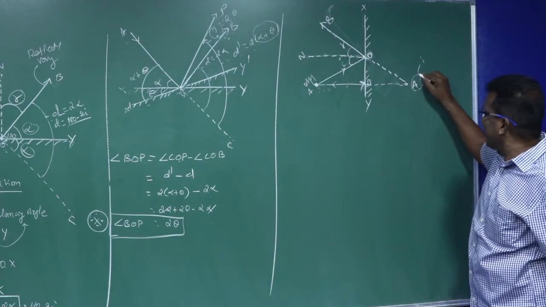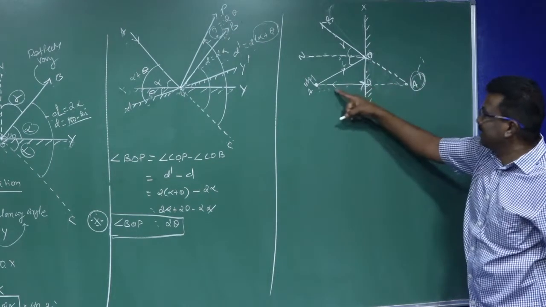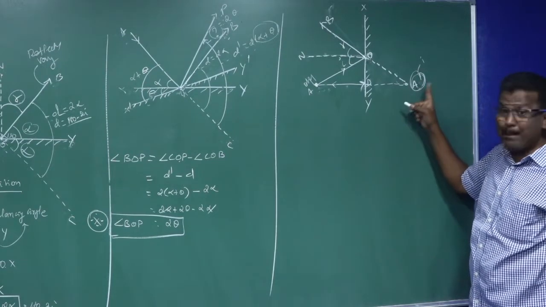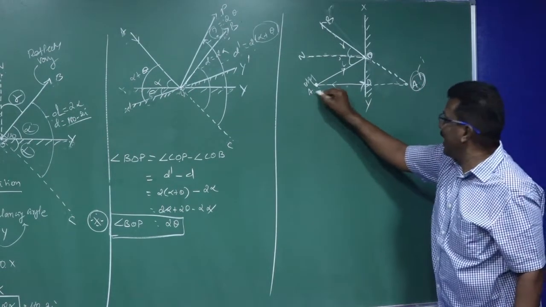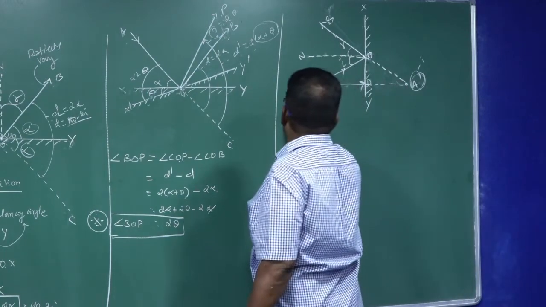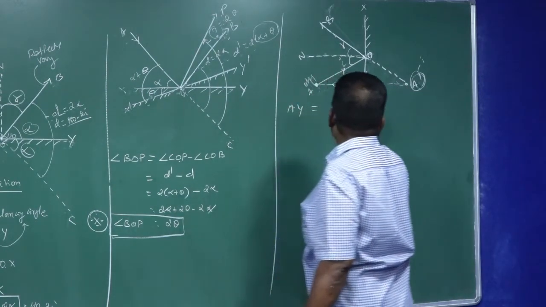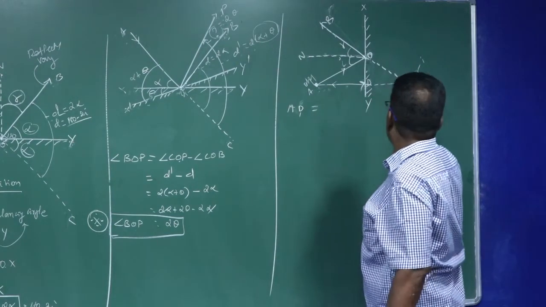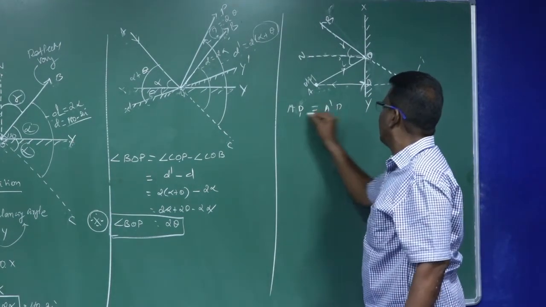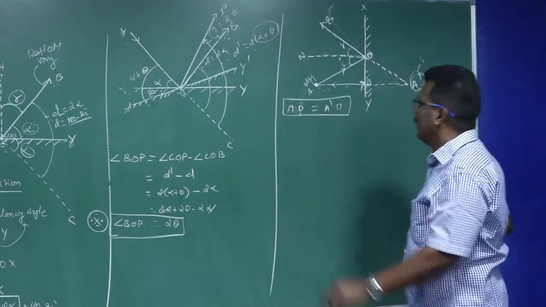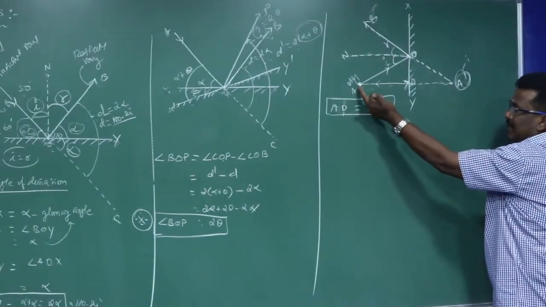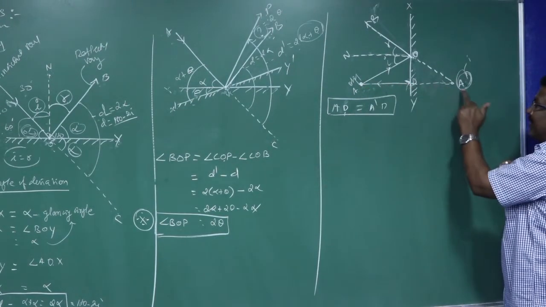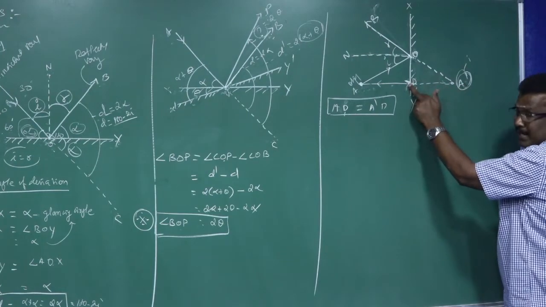It appears to come from A prime, but is not actually coming from A prime. So AD is equal to A prime D. The distance of the object from the mirror is equal to the distance of the image from the mirror.